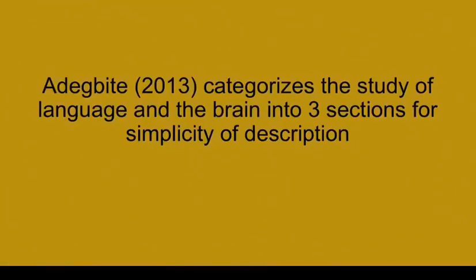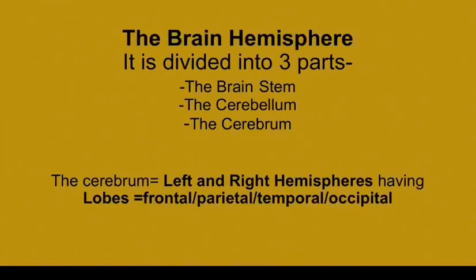We're going to begin with the brain hemisphere. The brain is divided into three parts. We have the brain stem, which includes the medulla oblongata and several other parts, of course.